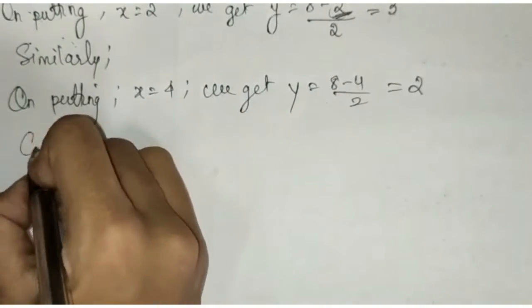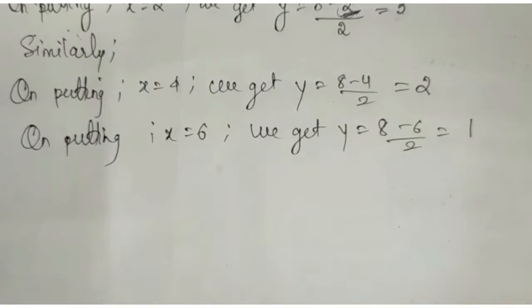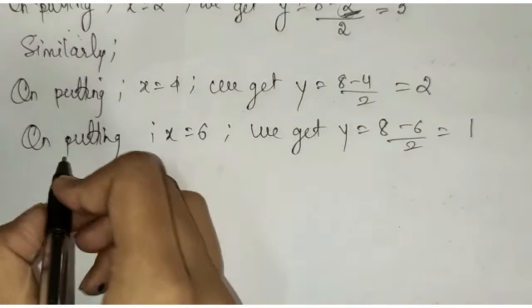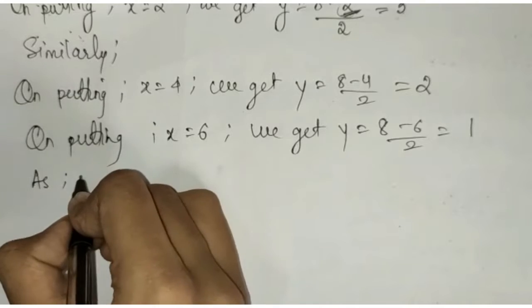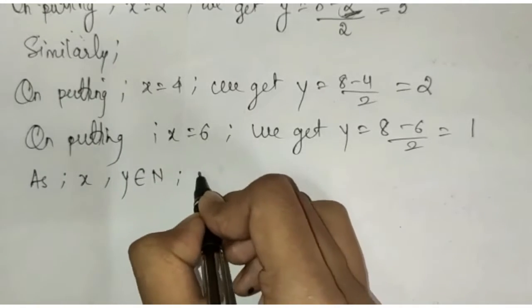Then similarly, on putting x equal to 6, we get y is equal to (8 − 6)/2, that is equal to 1. So hence you will write (x, y) belonging to N, natural numbers.